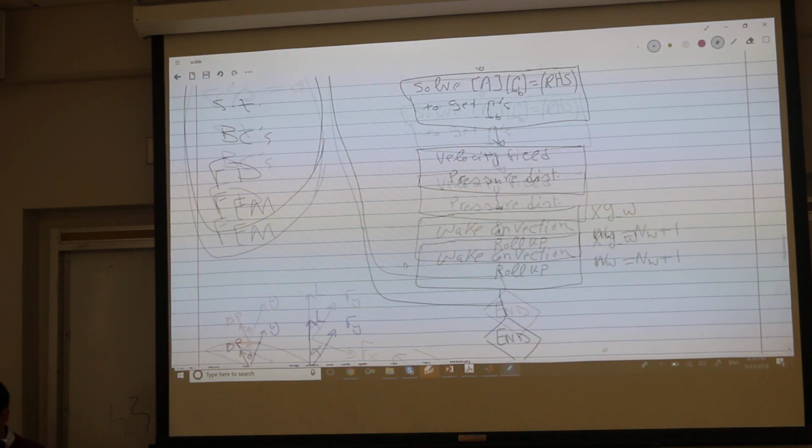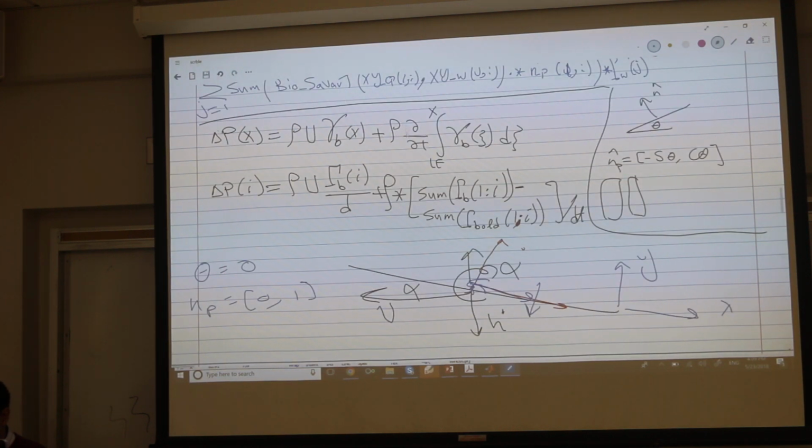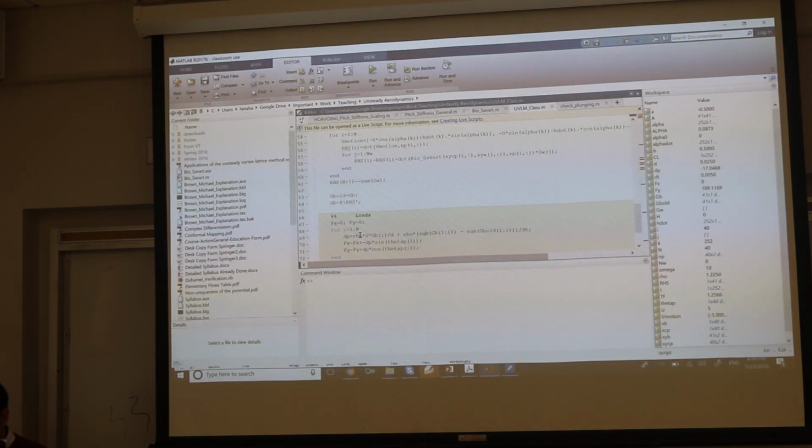What is the unsteady Bernoulli equation? It's rho partial derivative with respect to t of the potential, right? So rho u gamma divided by d, and rho times the summation of all gammas minus the summation of all gamma old. Okay, hopefully.